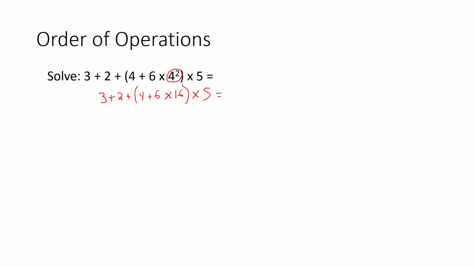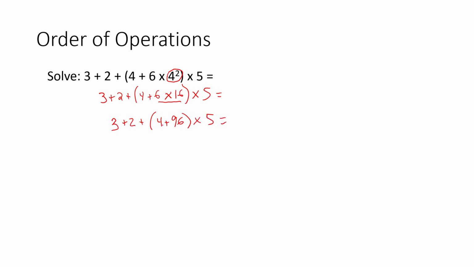Now from within the parentheses we have to do multiplication. So we're going to do this 6 times 16 and that gives us 96. So 6 times 16, I'm going to underline it and rewrite the problem. 3 plus 2 plus parentheses 4 plus 96 times 5.